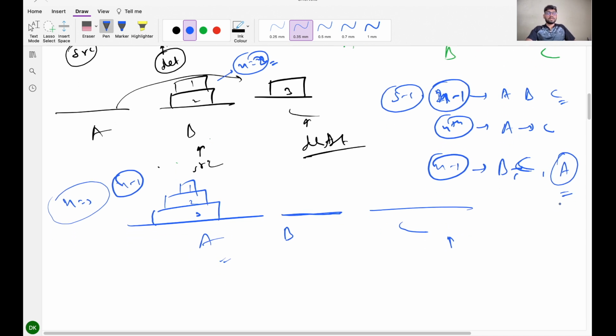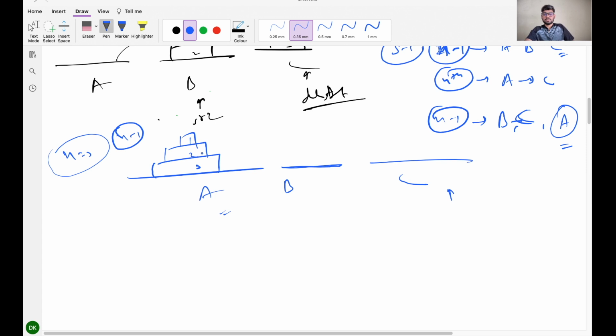So for understanding what the auxiliary stack is, we can see something like this. We can assume this is an n equal to 2 type problem, and we just have to move from A to B using C as the auxiliary.